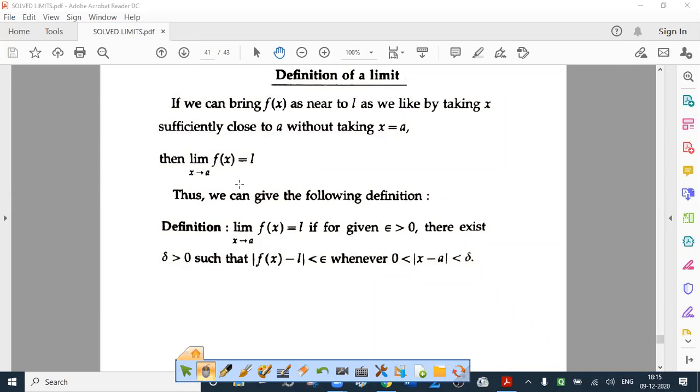Now, as we know the concept of deleted neighborhood, see why deleted? Because when we say x tends to a, x is not equal to a. I hope you have understood this. That is why deleted neighborhood.